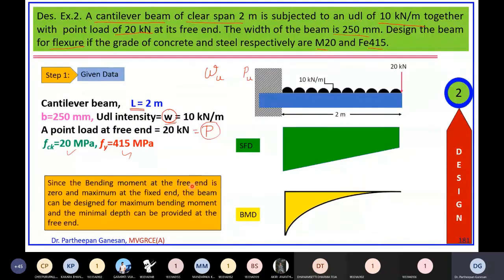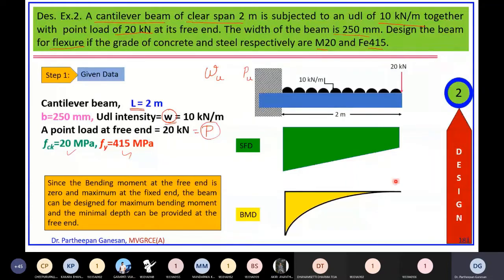Okay. So now, since you are designing only for flexure, and the bending moment is 0 at the free end and maximum at the fixed end, the beam can be designed for maximum bending moment, and the minimum depth can be provided at the free end. You don't have to provide the same depth throughout. Here I have shown the depth of the beam is the same at the fixed end and at the free end. But you don't necessarily have to maintain the same depth, because it is a waste of material, right?